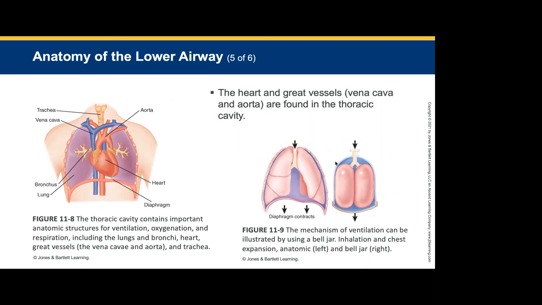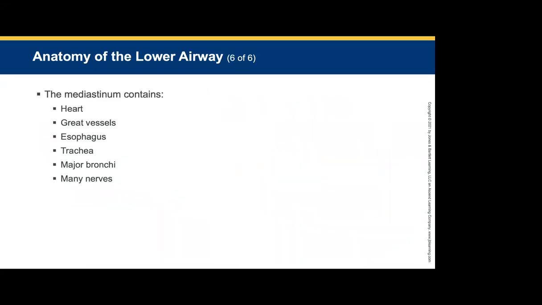So the biggest part here is what's on this picture? Let's look. No, I'll break out my other chart in a second. All right. So the mediastinum contains, this is talking about the lower portion of the airways here. So let's get back here. So you have your heart, your great vessels, your esophagus, trachea, main bronchi, and many nerves.